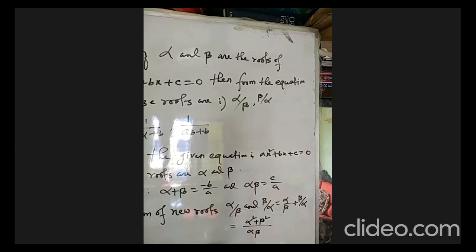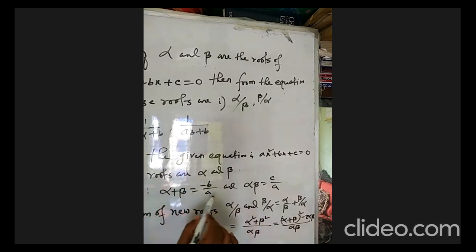Okay. So after this line, we can write what? a square plus b square formula what? (a plus b) whole square minus twice ab. Okay. Now we can put alpha plus beta equals to minus b by a, and alpha into beta equal to what? c by a.